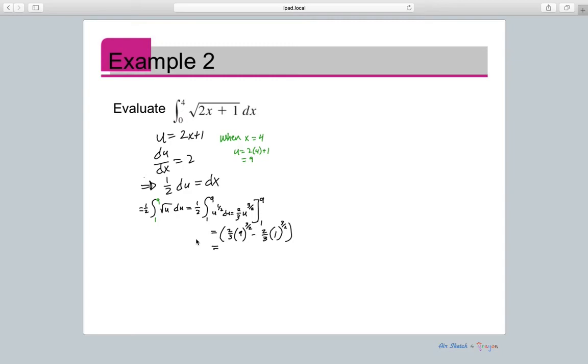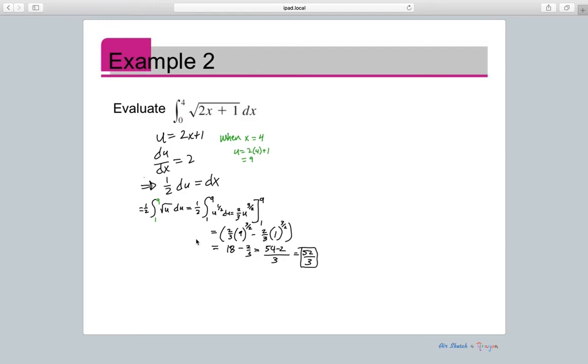And you guys are gonna have full access to your calculators for the AP exam, so don't bother doing stuff like this in your head. So this comes out to 18 minus 2/3. That's going to be 54 minus 2 over 3, which is 52 over 3.